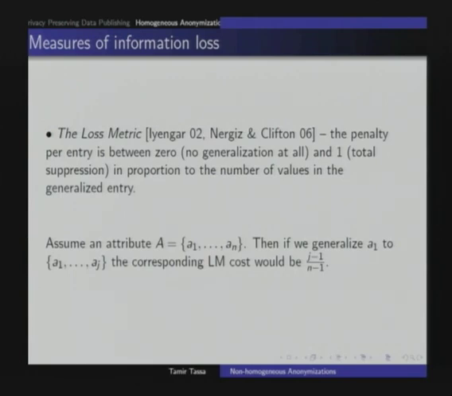So if we take an attribute A that has, let's say, n specific values, A1 till AN, and if we generalize the value A1 to the subset of values A1 to AJ, then the cost by the loss metric measure will be, in this case, j minus 1 over n minus 1. You see that if j equals 1, you get a penalty of 0. If j equals n, you get a penalty of 1. And for intermediate values, you get a corresponding cost.